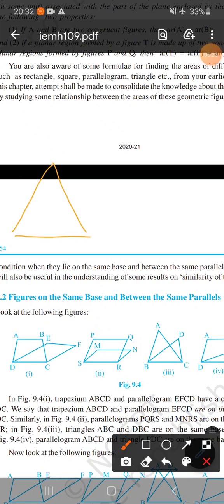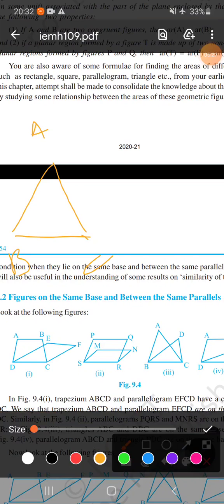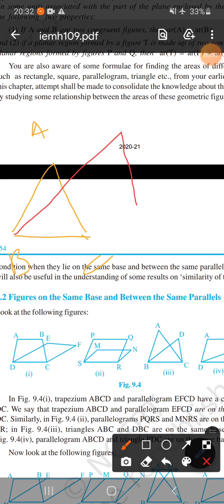Alright, say this is A, this is B, and this is C, right? And if I draw another triangle taking BC as the base, and I draw it like this and name it as D, clearly you can see that these two triangles have the same base, that is BC, right?